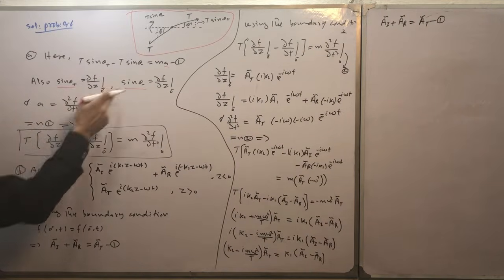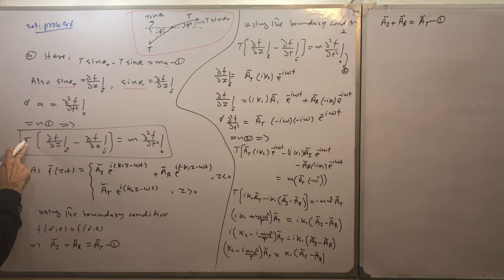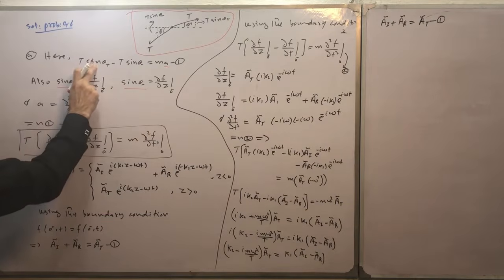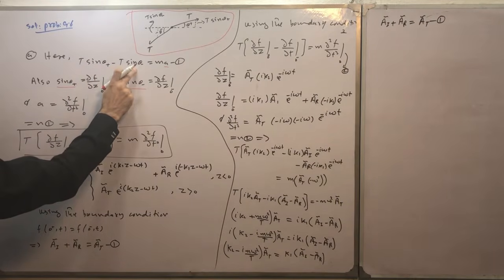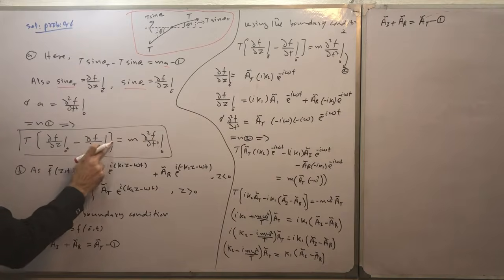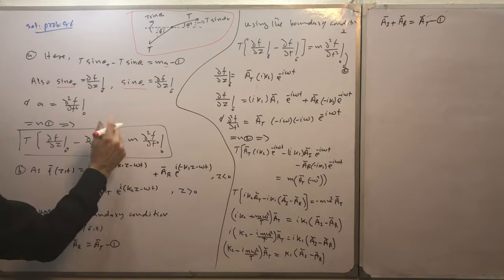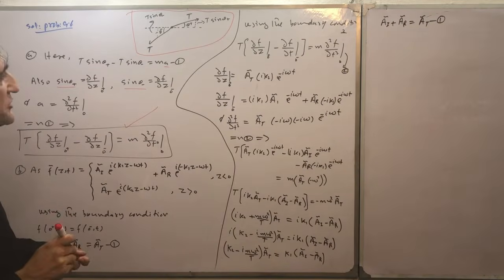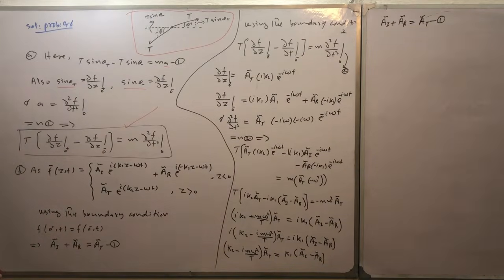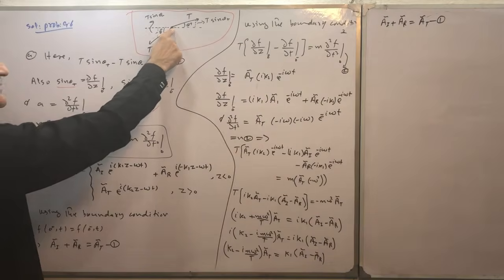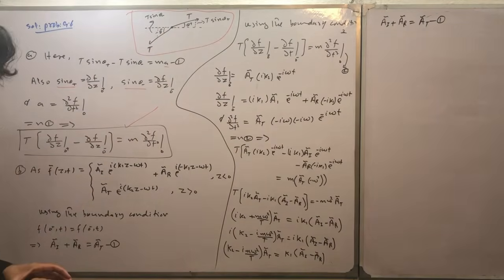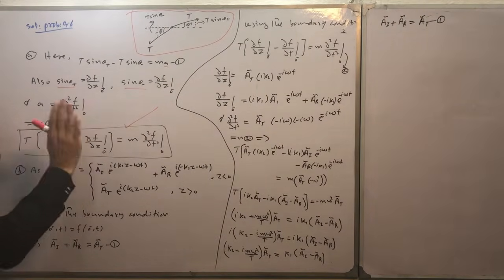Then equation 1 implies that we can take T common and put in the values of sine theta plus and sine theta minus. So we have this, which is equal to m partial square f divided by partial t square. So this is the boundary condition when we have a mass at the knot. So this is the final answer.